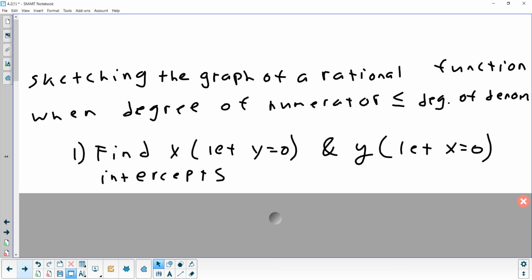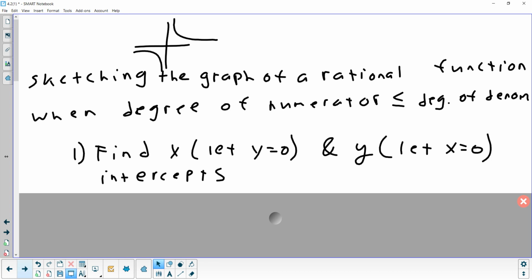So here are some general hints to graphing rational functions. They don't always all apply, depends on the problem. But if you can find intercepts, that's always helpful. Not every rational function has intercepts. Here's a graph with no intercepts. Never crosses either axis.